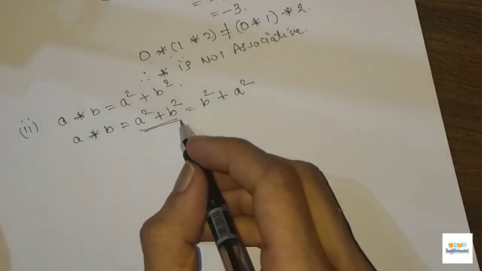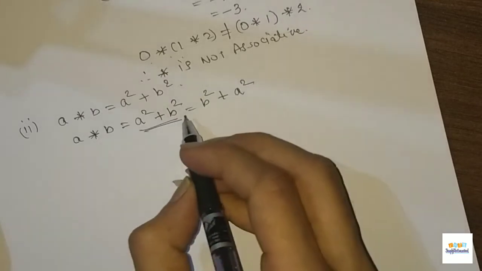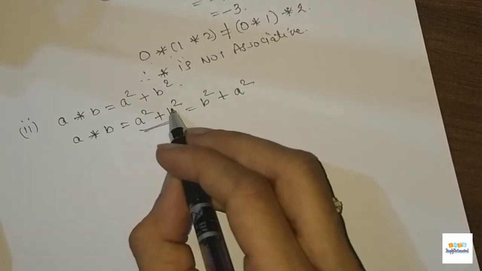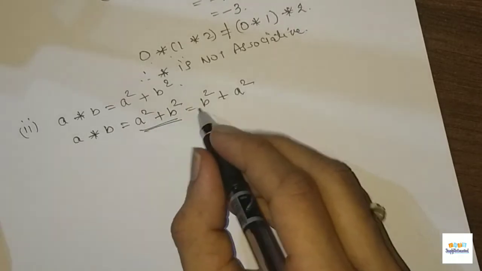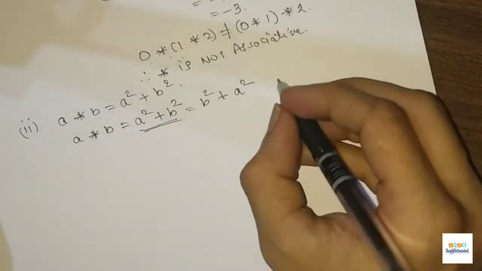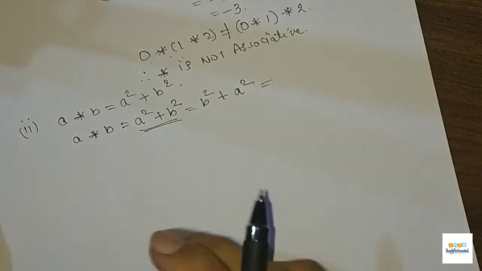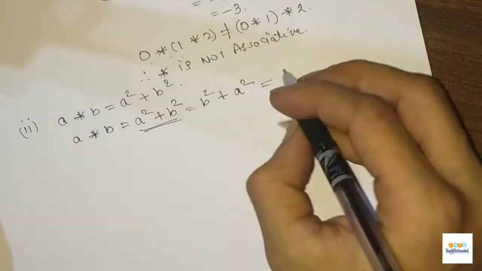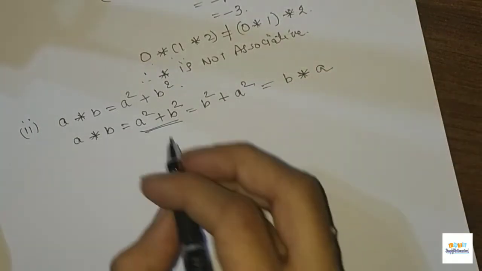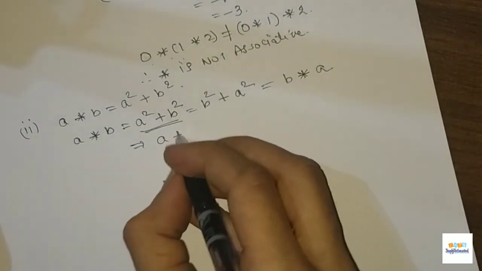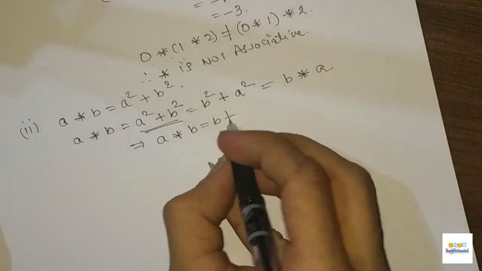You can add any two real numbers in any order, so a square plus b square is equal to b square plus a square. You will get the same answer. So b square plus a square means b star a, okay. So what you will get is a star b is equal to b star a, right?